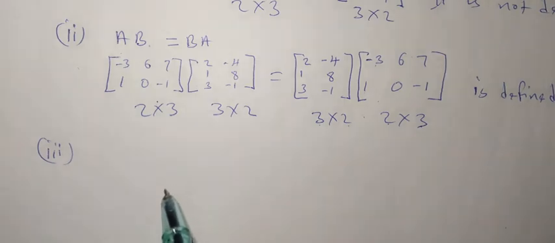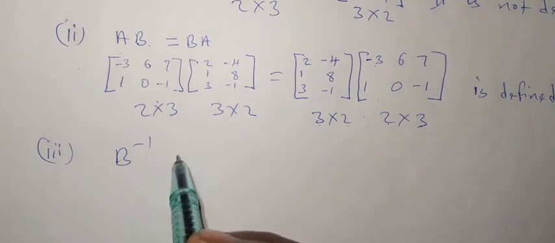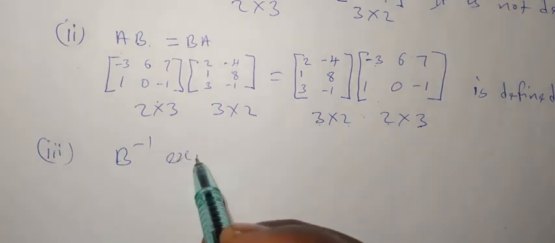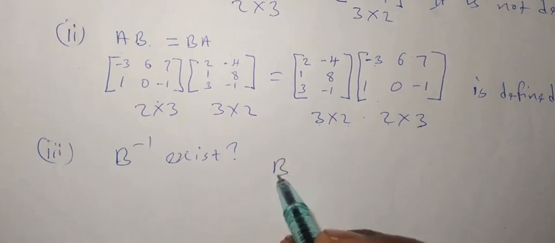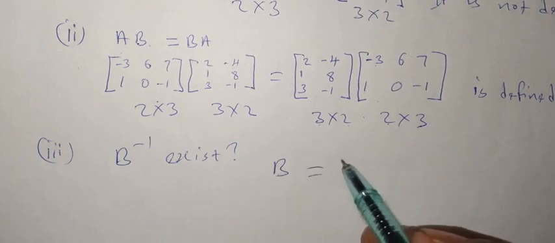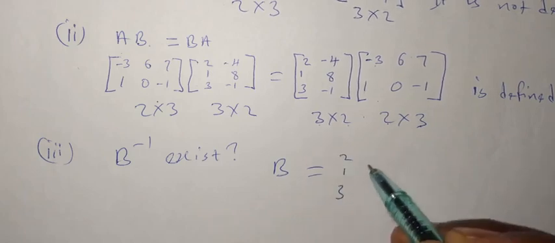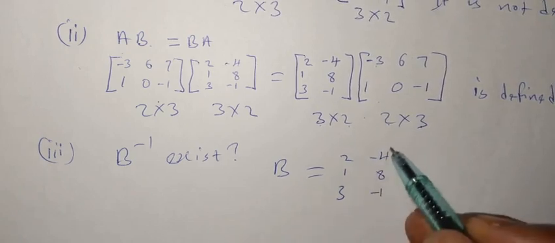The third question asks: does B inverse exist? B is equal to 2, 1, 3, minus 4, 8, and minus 1.